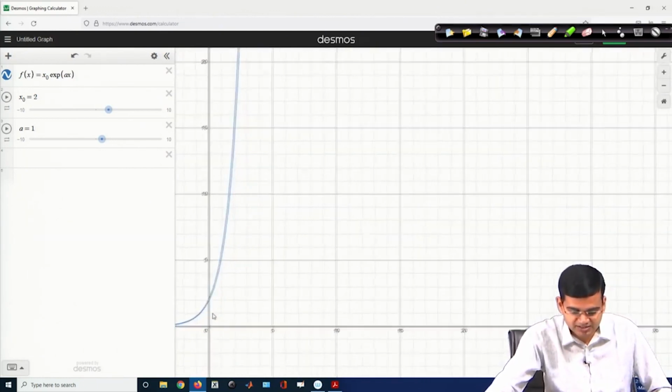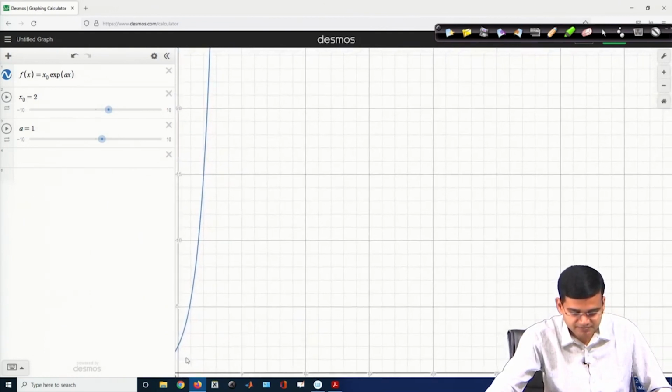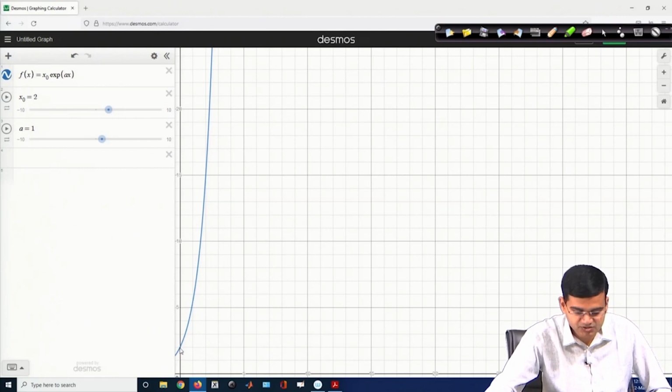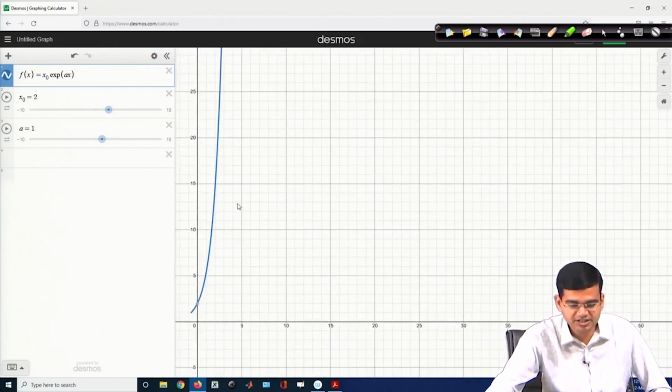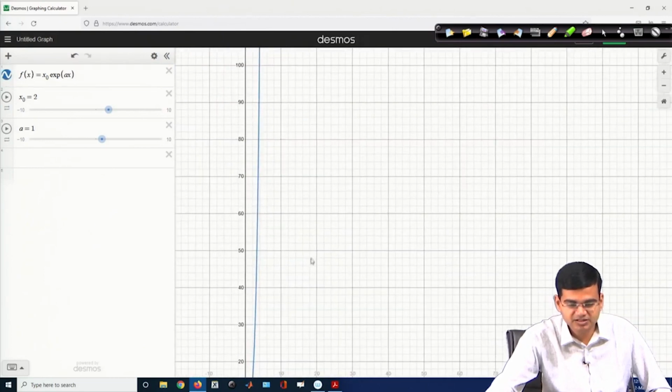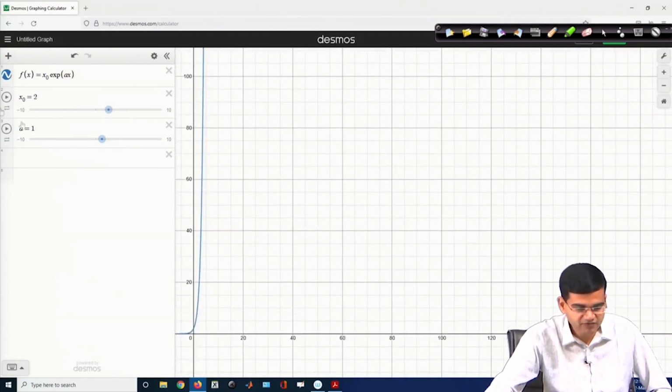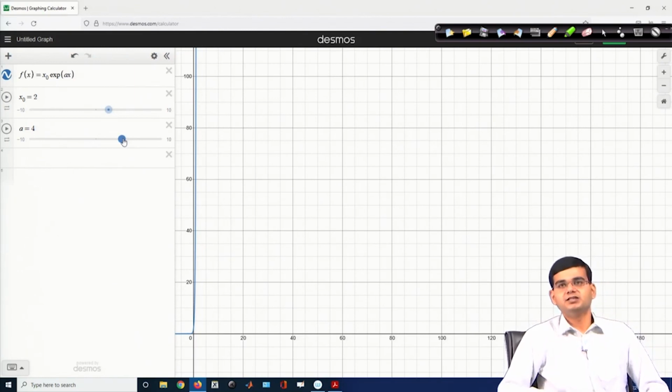So, if I start the analysis from here, this is how my dynamics looks: I start from the initial condition, which in this case is (0, 2), and the value of my variable keeps on increasing. To what extent? In fact, it never stops, it goes to infinity. The value of my variable goes to infinity when the value of a is 1, and as I increase the value of a, the rise is much steeper.